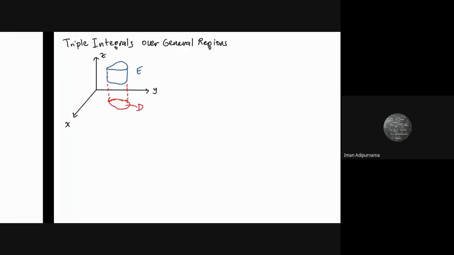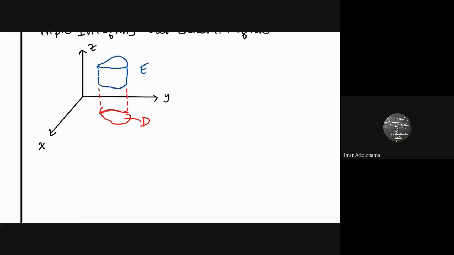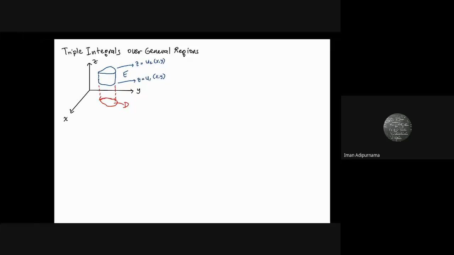And through this E, what's interesting is it has two level surfaces, right? So it has two functions, or two level surfaces. So let's write some notes here.